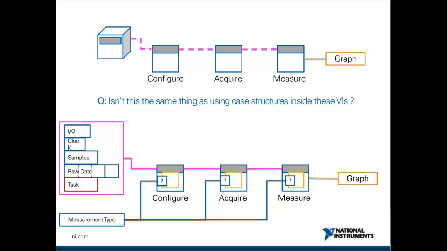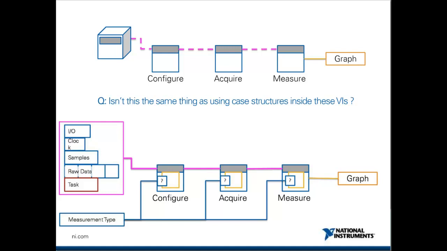And to clarify this question and to examine the differences between the two scenarios, here we see 2 supposedly functionally equivalent programs. On the top, we have our object-oriented approach, where we have a class that defines the data scope and the implementation of the interface for configure, acquire, and measure.